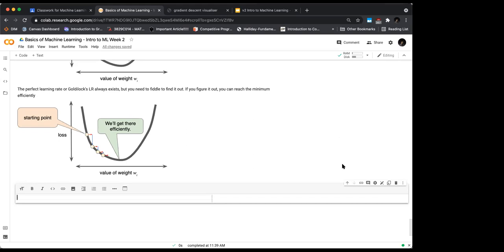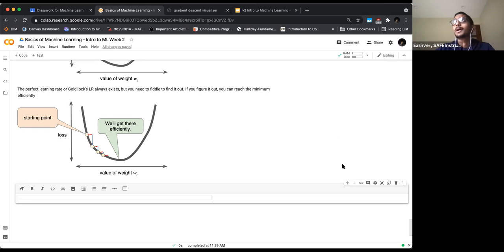So how can you measure these steps on the learning rate? Measuring the steps, that's a good question.